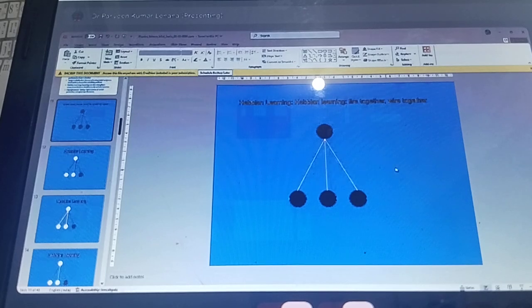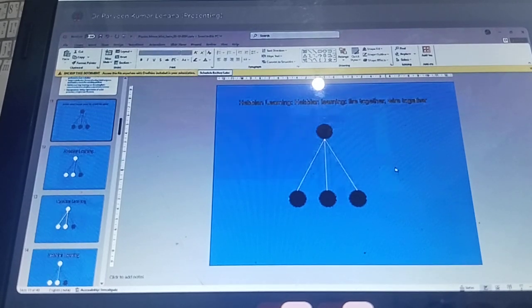It means when we apply some stimuli to the network or to the brain, the neurons which are triggered simultaneously at the same time are wired permanently.